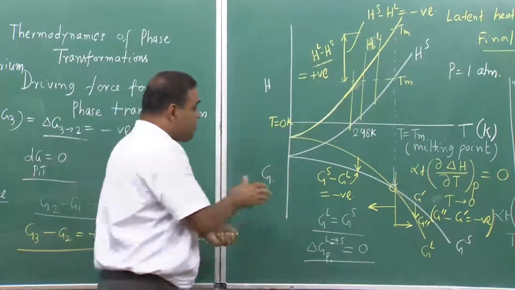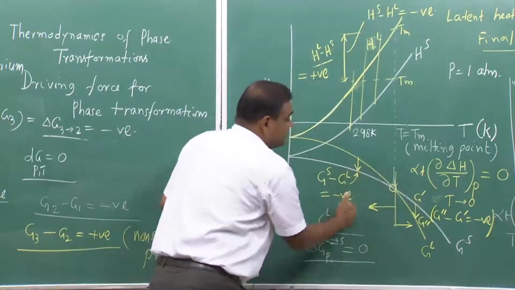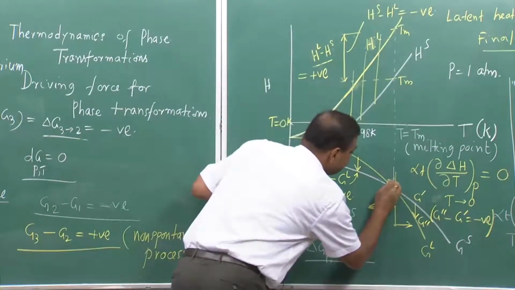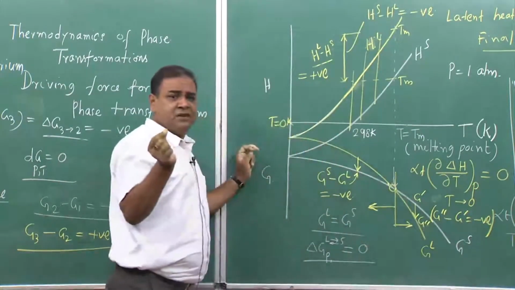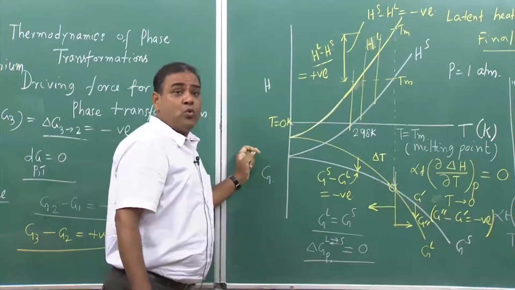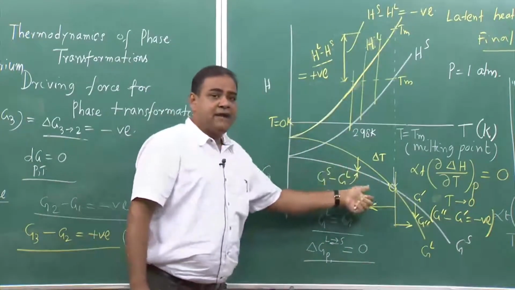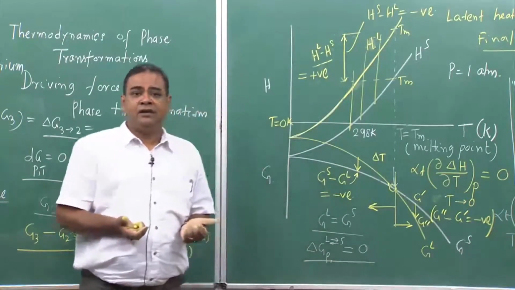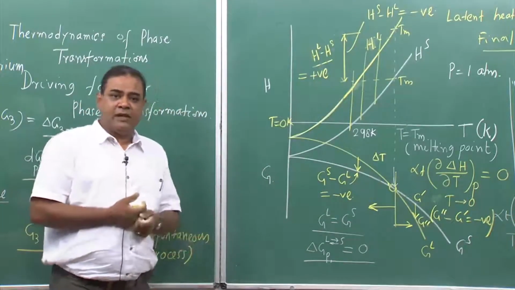Okay. So, now we will come back to this: would there be a possibility that even if there is a delta T change, we would actually have solidification? That means, would we actually have solid formation from liquid?